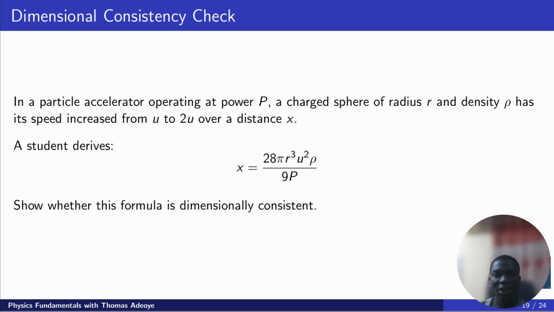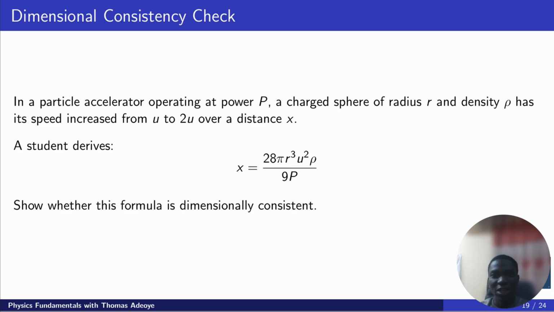So to begin with, let's start by writing the dimension of each of the given parameters. We write for those on the right hand side, and if it is equal to what we have on the left hand side, then this equation is dimensionally balanced.